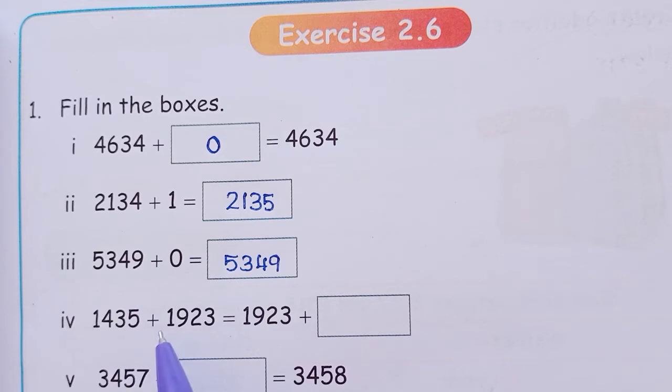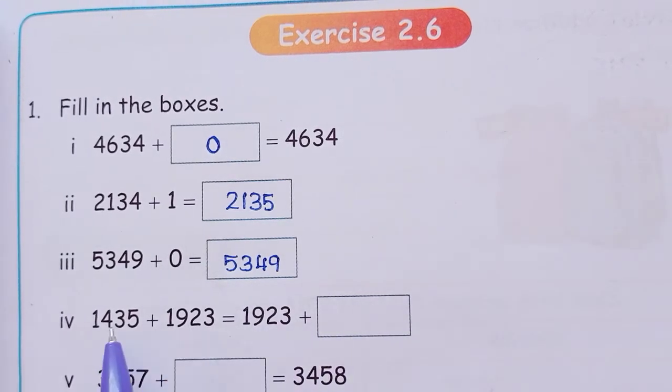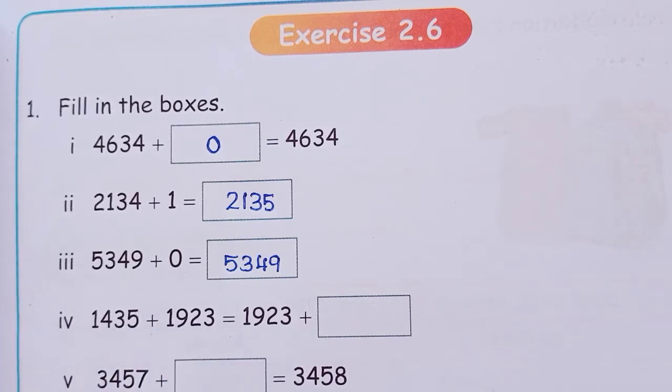Then 1435 plus 1923 is equal to 1923 plus what will come in this place? Changing the order of the addends in an addition sum does not change the answer. Already we have studied this one.